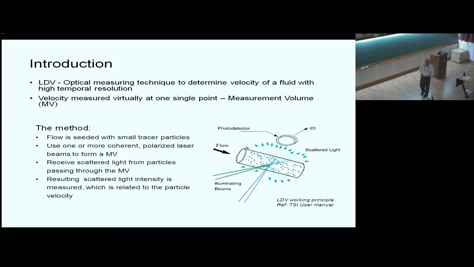So basically that volume will be the one in which you will be measuring the velocity. As I said, it's a point measurement in that you get the velocity information only at that point where the two laser beams intersect. And the way it works is you have tracer particles, very small particles in the flow, which scatter light, and you have some sort of detector which takes in that scattered light, and that scattered light signal is used to obtain the velocity information.